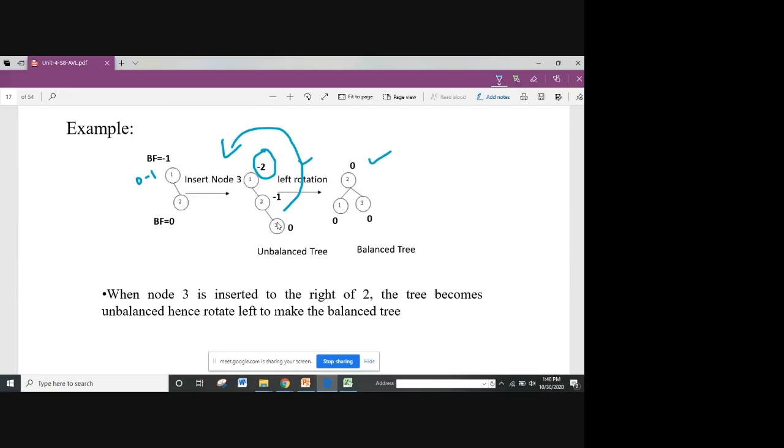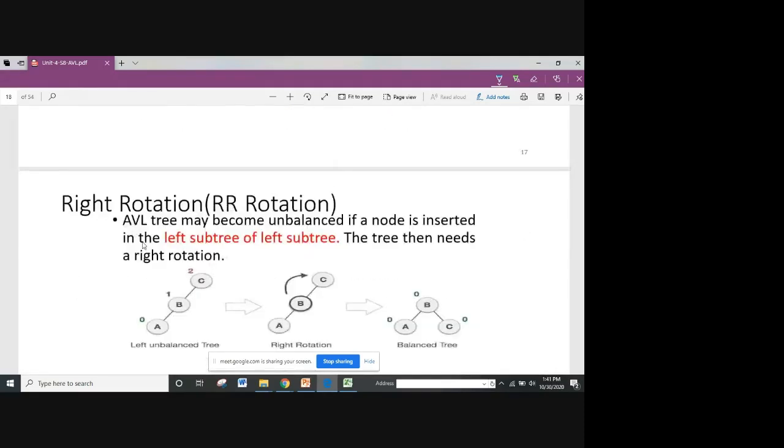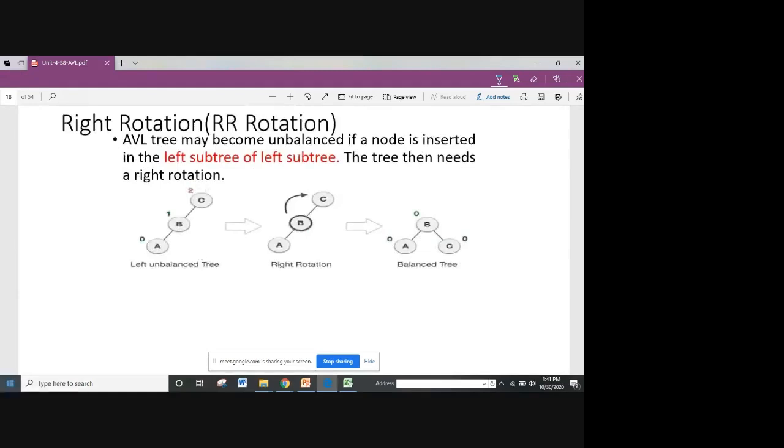But whichever way you rotate, two things have to be checked finally: one is your balance factor, and another is your binary search tree condition. If both are satisfied, only then your rotation is right. Otherwise you have gone wrong somewhere in the middle. That is the meaning. So now the same thing I have told about LL rotation.